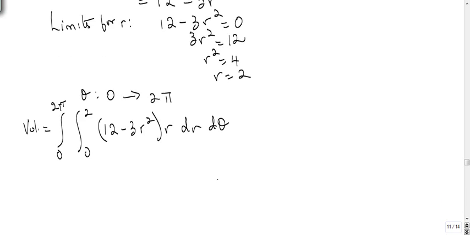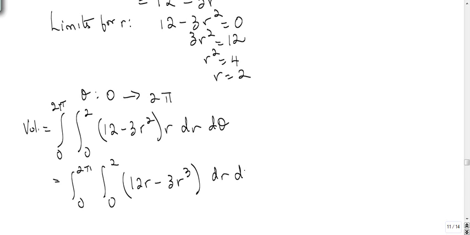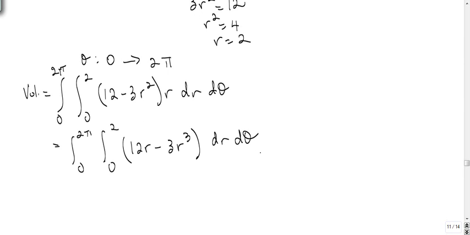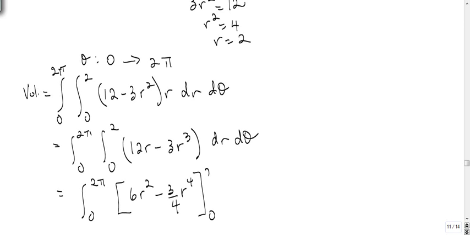Integrate. 0 to 2 pi. I think we need to simplify this first, okay? So distribute: 12r minus 3r cubed dr d theta. Integrate now. 0 to 2 pi. This is 6r squared minus 3/4 r to the 4th from 0 to 2 d theta.